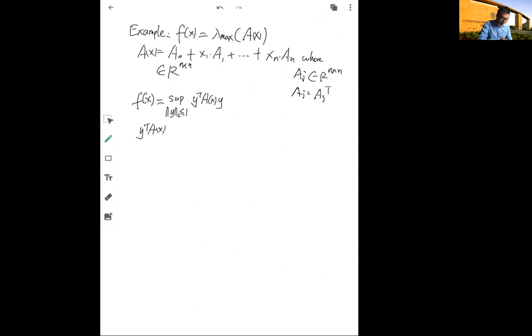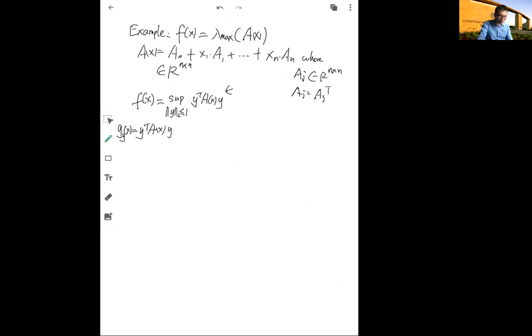Let's think about each function y transpose A(x) y. This is a function parameterized by y, but it is ultimately a function of x. We want to show that for any fixed y, this function is convex in x. It's easy to get confused and think about whether this quadratic form is convex in y or in x, but all we need is that it is convex in x, not y.